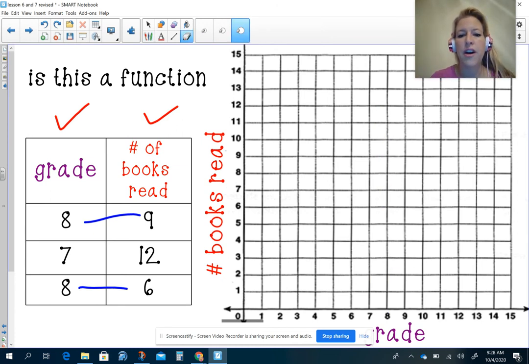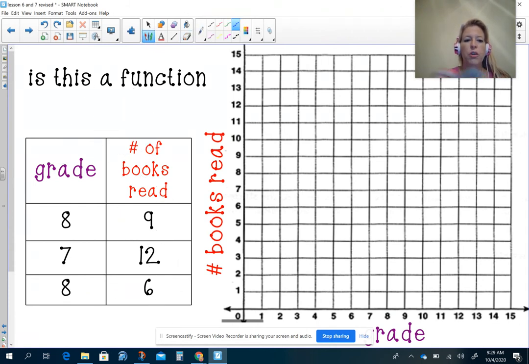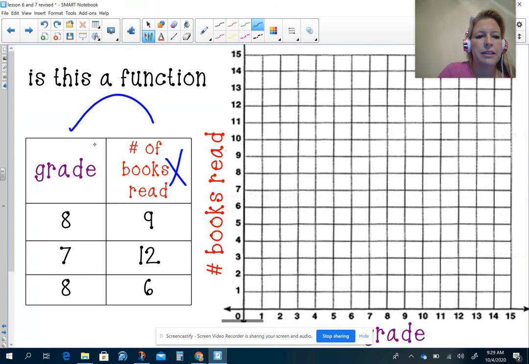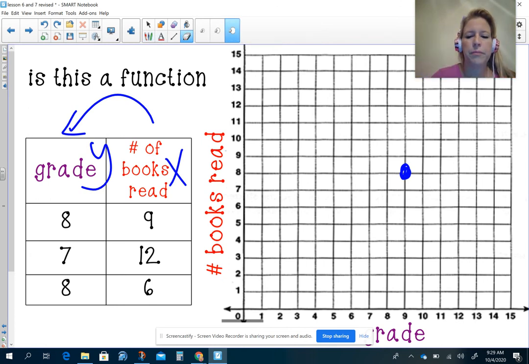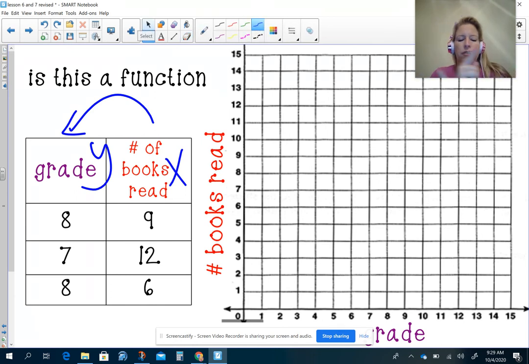Now, if I flipped it, would it be a function? So this is what it looks like if this is my x and this is my y. If I flipped them, let me flip it in my head.